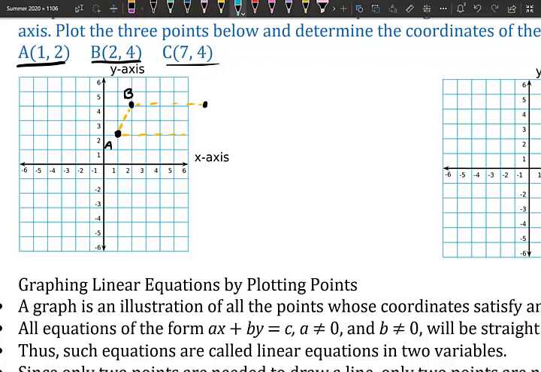And we use distance. And it's always going to be the same distance. So from B to C, let's find the distance. So it's 1, 2, 3, 4, 5 units. So this distance is 5 units.